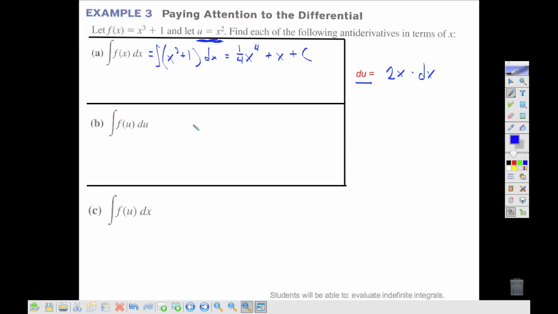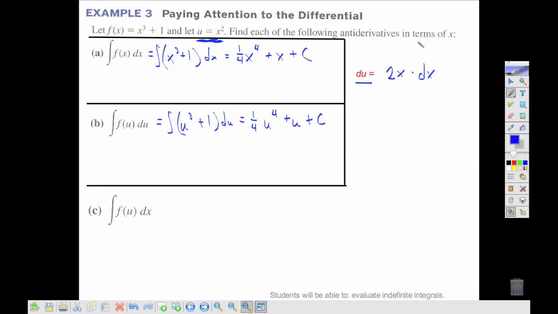So that one's finished. Now for the second one, we have a u here, and it is du. So when I substitute this in, notice f of u would just be this here, except I'm plugging in a u instead. U cubed plus 1 du. And so that's also going to give me an antiderivative that looks similar, u to the fourth plus u plus c.